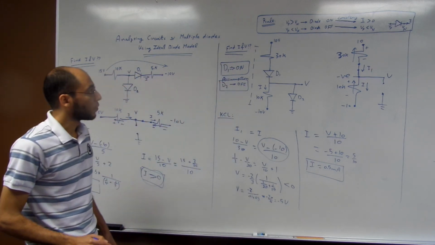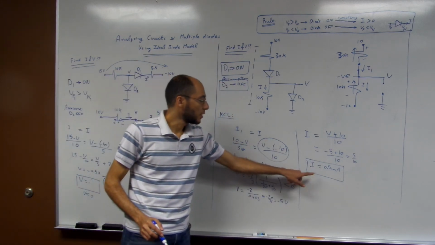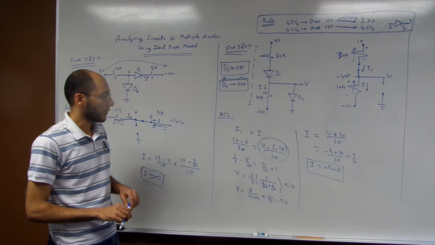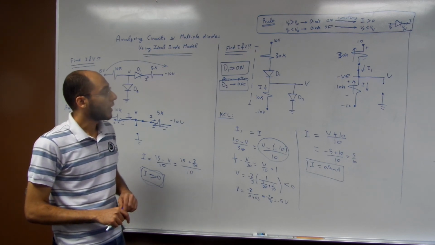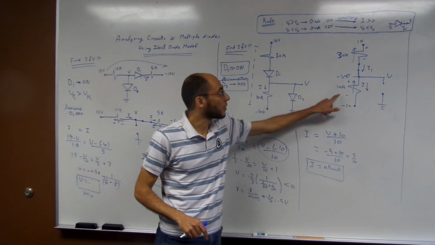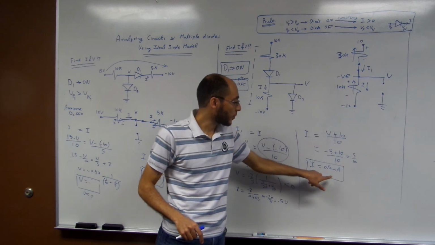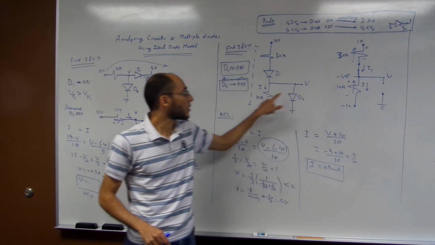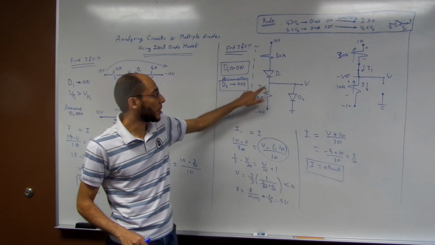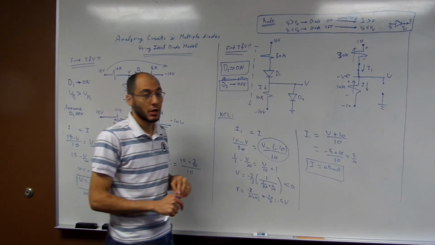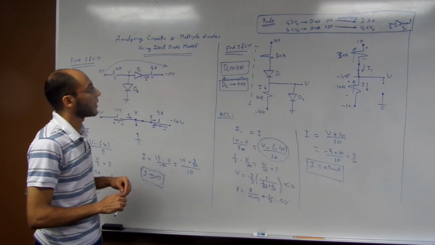Okay? Which means that I is a positive value, but even if it was negative, we do not care because I is the current that passes through the resistor. We do not care if it's positive or negative, right?